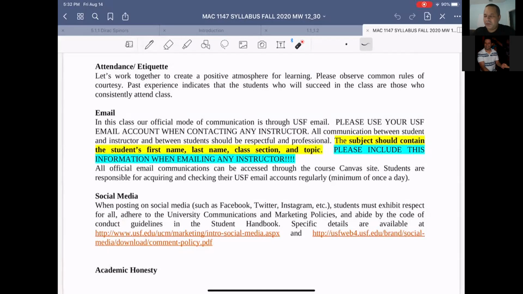There are really no major emergencies having to do with this class. There should not be. If there's an emergency, then that's a problem. But no, there should not be any emergencies. This should be pretty straightforward. If you email me, I might not get back to you until tomorrow. Just deal with it.